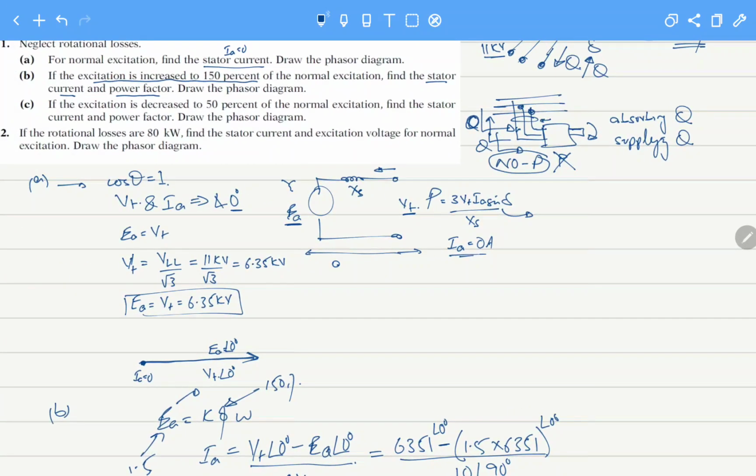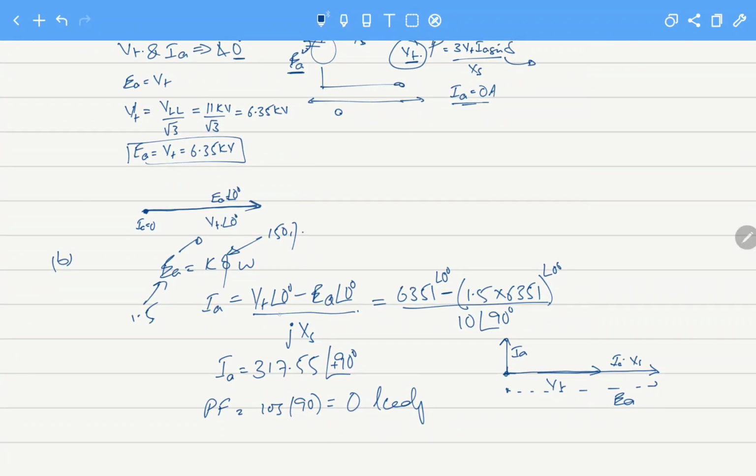But for part B, we have increased the internal excitation of the machine, and that is why a current is now flowing, but with a 90-degree phase shift from Vt.